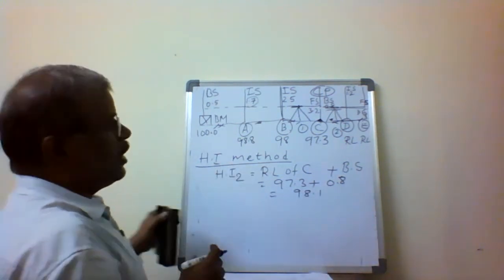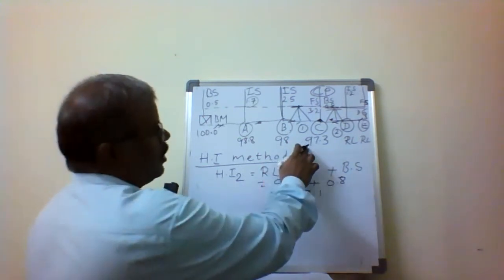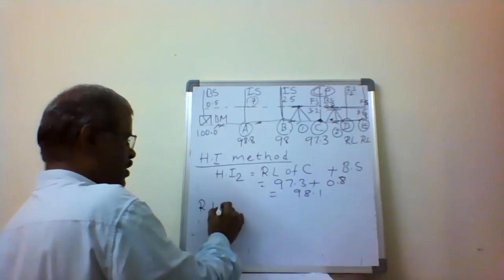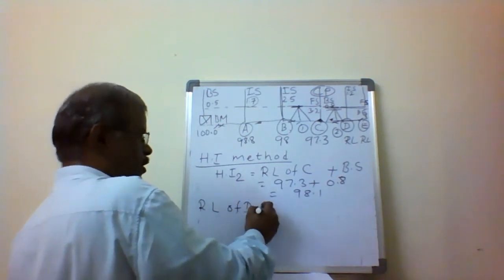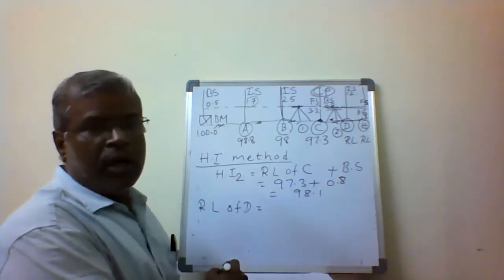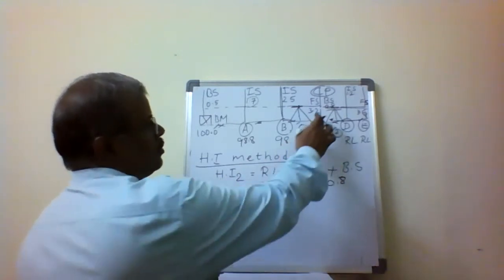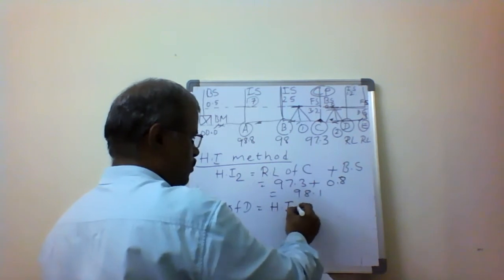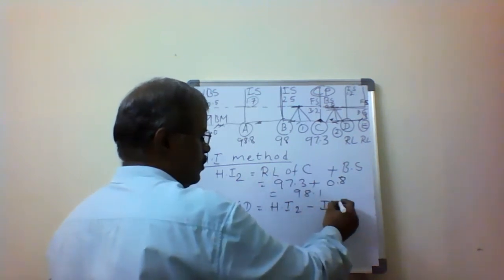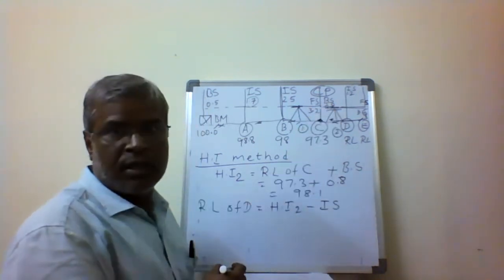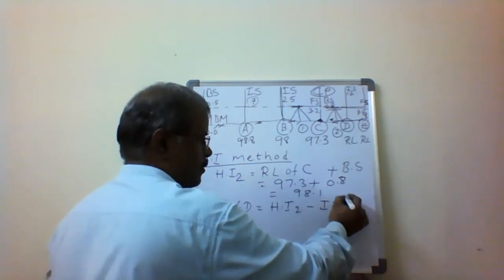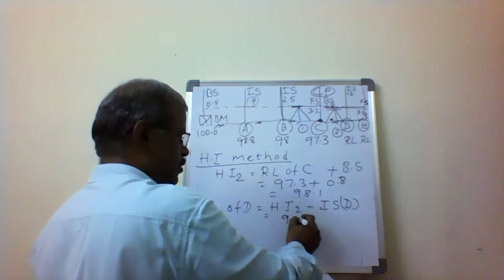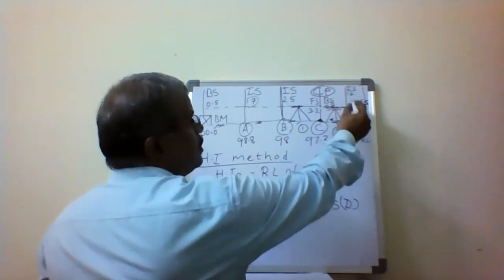So now the height of instrument and RL of C are known, and RL of D has to be calculated. RL of D equals height of instrument 2 minus the intermediate sight at D. Height of instrument is 98.1 minus the intermediate sight reading of 1.2.